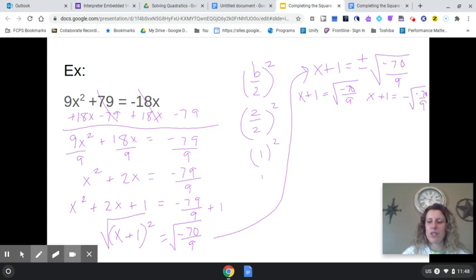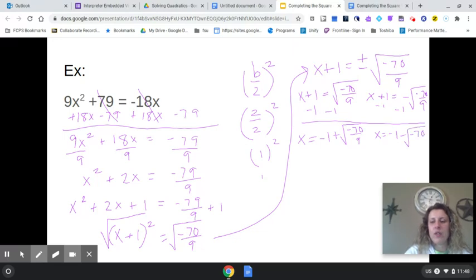Sorry, that's a little scrunchy on the edge there. If we solve both of those equations by subtracting 1 from both sides, we get x equals negative 1 plus root negative 70 over 9, or x equals negative 1 minus square root of negative 70 over 9.